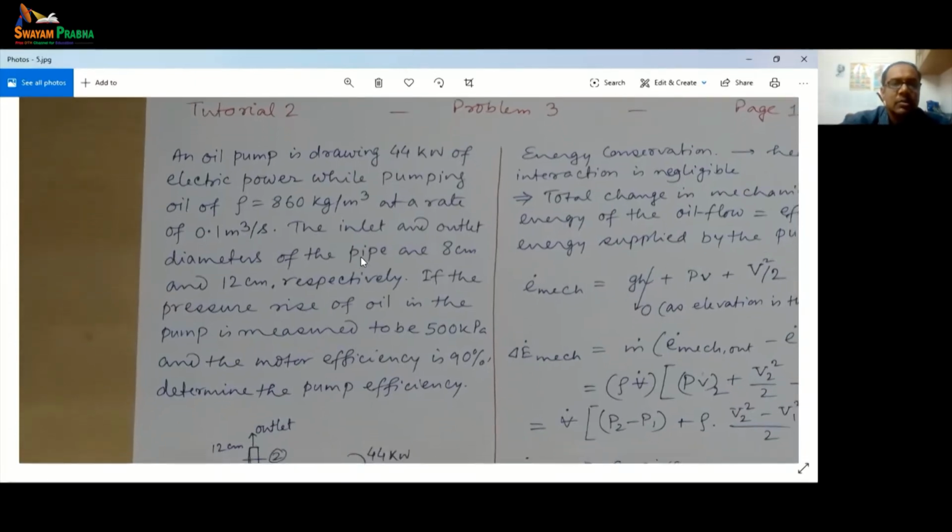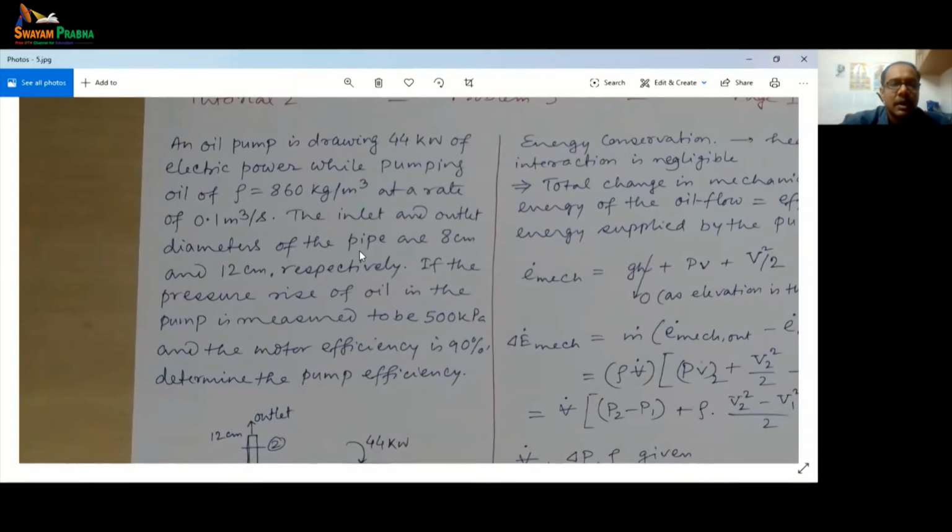So what's the problem statement? An oil pump is drawing 44 kilowatts of electric power while pumping oil of density 860 kg per meter cube. The oil is being pumped at a rate of 0.1 meter cube per second.